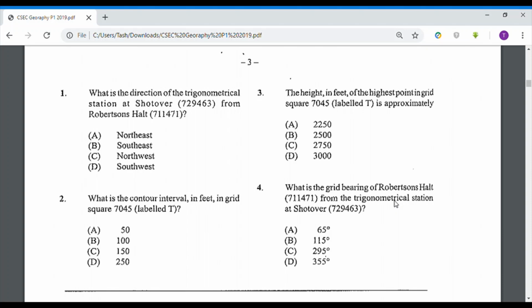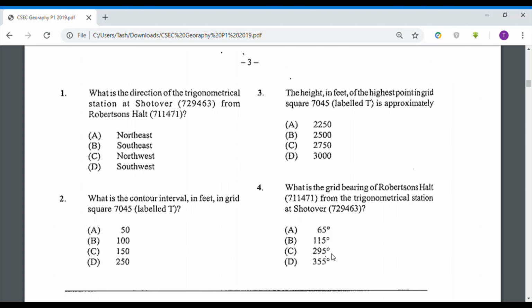And if we're doing northwest based on the cardinal points, we know that north is 360 degrees. So if it's northwest, this would have to be out. It could not possibly be 355 because that's just 5 degrees away from north. 65 and 115 would have been over the eastern side.